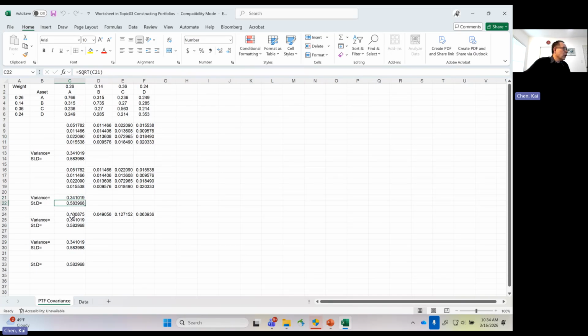And this one shows another, where we can put all these operations in one Excel formula. For this Excel formula, you can look at how it works by yourself. Okay, so that is how to calculate the variance of a portfolio.